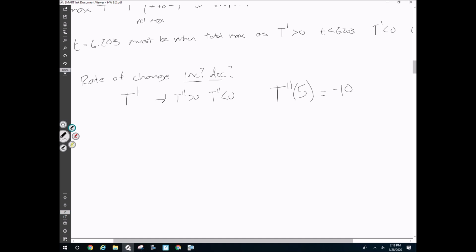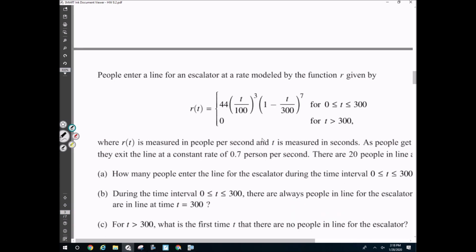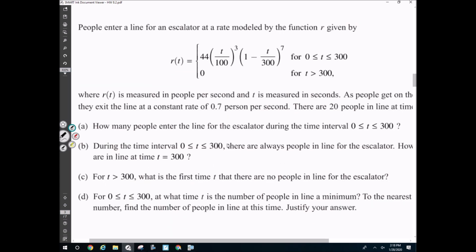Which means the rate of change is decreasing. T double prime is negative. Tricky.